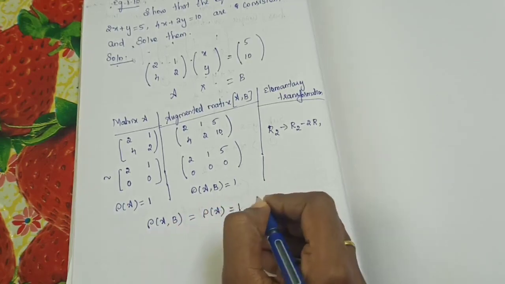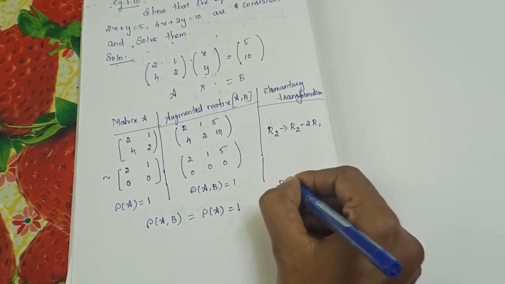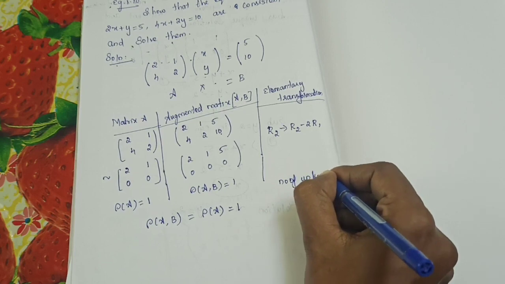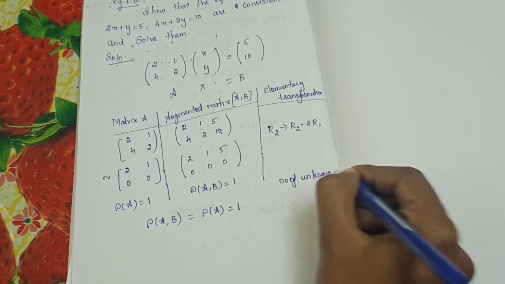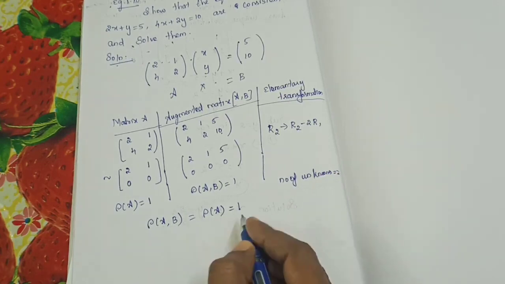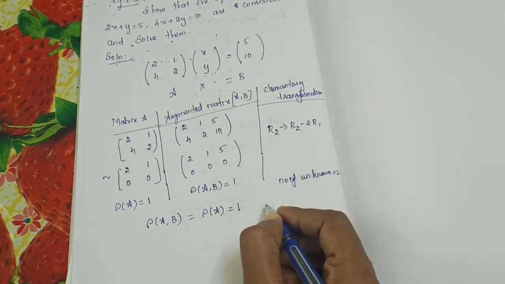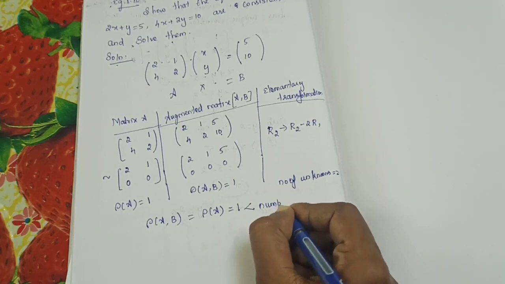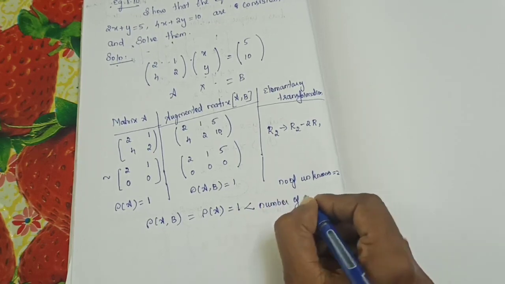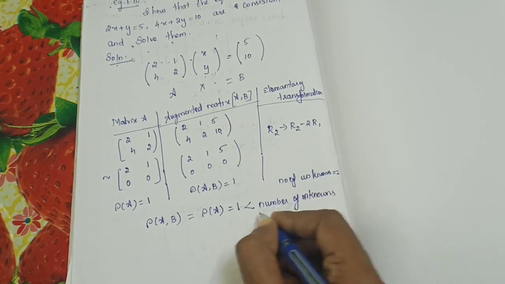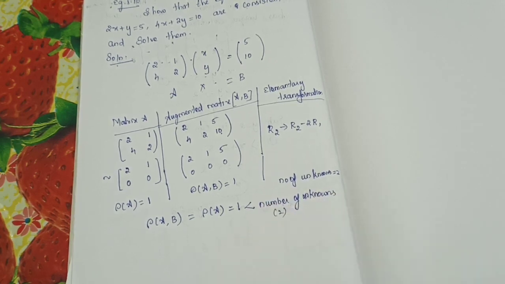How many unknowns are there? 2 unknowns. But we got the answer, both equal to 1, but our unknowns are 2. So it is less than the number of unknowns. Understand? Less than 2.